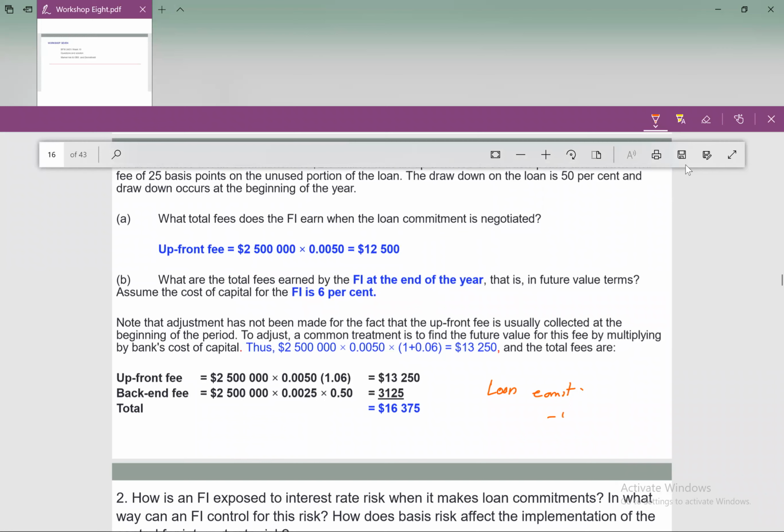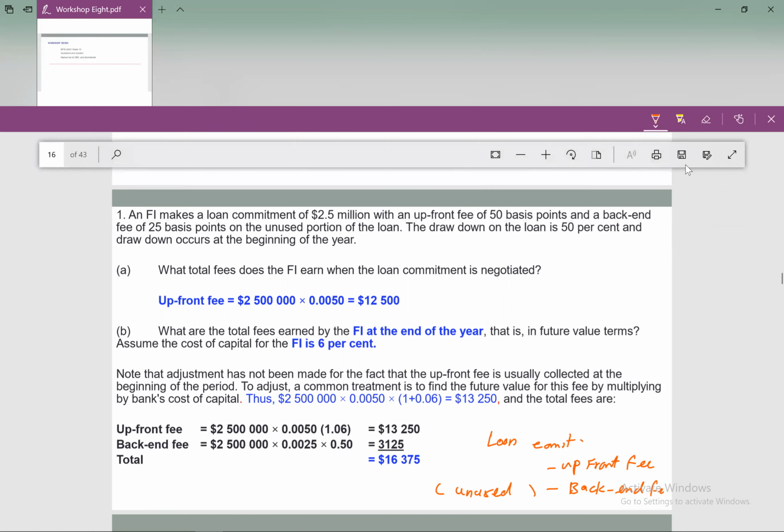We have the upfront fee, and we have the back end fee. And this is only for the unused amount of the loan.